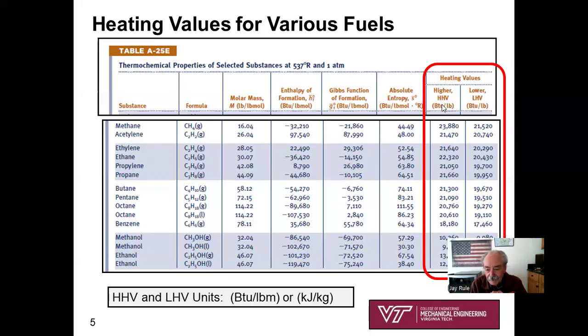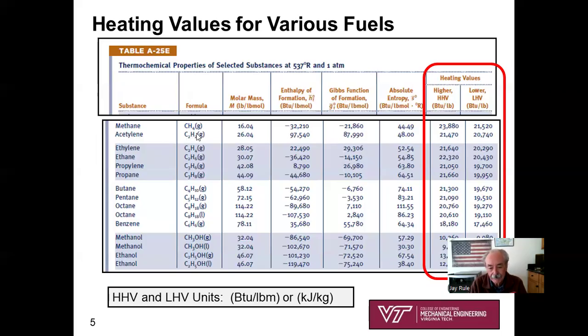You would multiply these two numbers together, 16 times 23,880, to get some huge number of BTUs per pound mole. Simple as that. So that's kind of a cool result in your textbook of heating values, both HHV and LHV, for specific fuels. Okay, very handy.